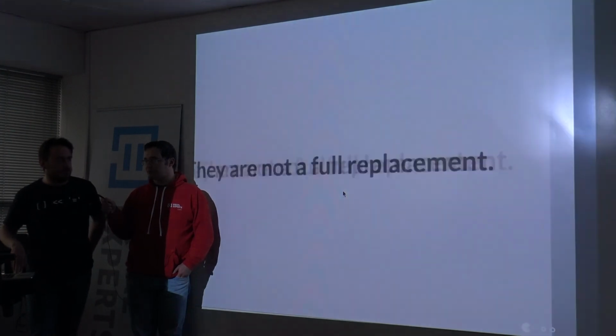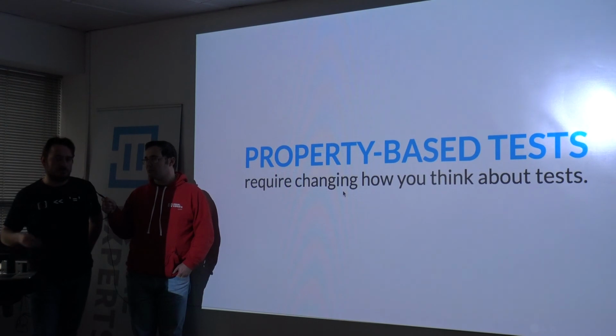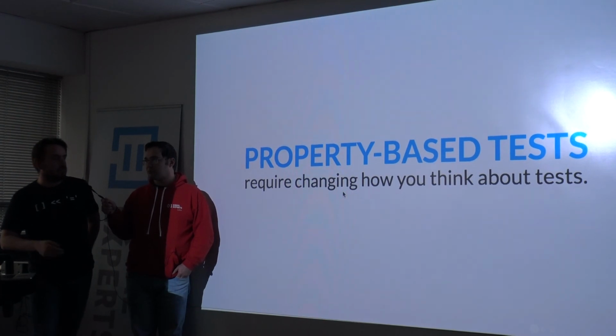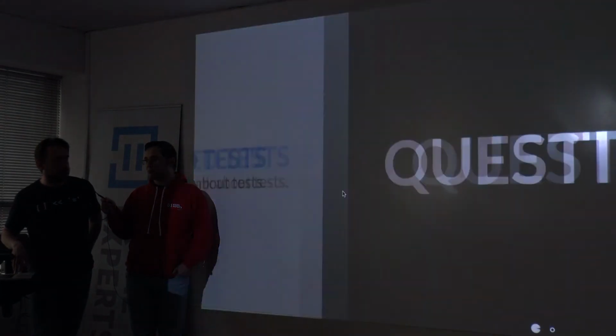So it's not meant to be a full replacement. It does require changing how you think about tests, but there are a few easy to follow patterns that you can look into, like the examples that we've mentioned before: idempotence and invariants, getters and setters, and any operation that's reversible you can basically use to test.